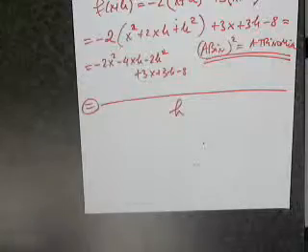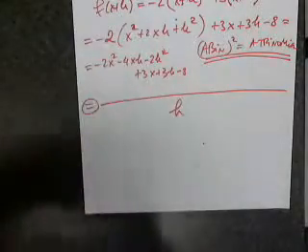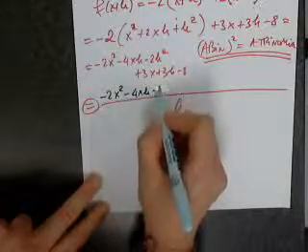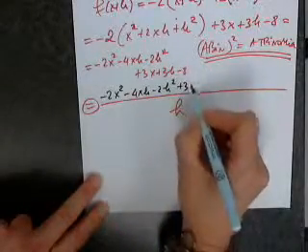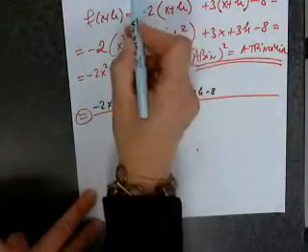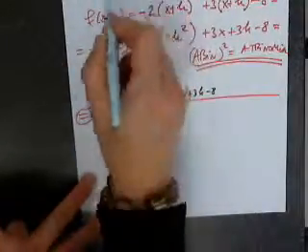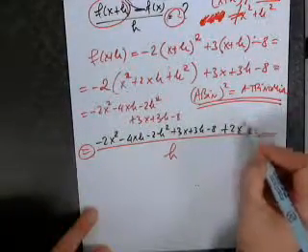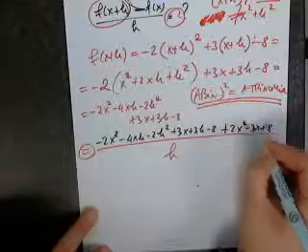Okay, so then I have to copy f of x plus h, which is negative 2x squared minus 4xh minus 2h squared plus 3x plus 3h minus 8. But now I have to distribute negative 1 to these three terms. So plus 2x squared minus 3x and plus 8.